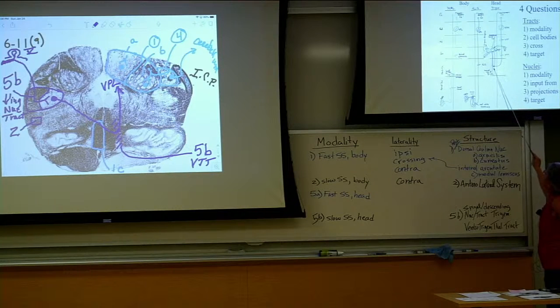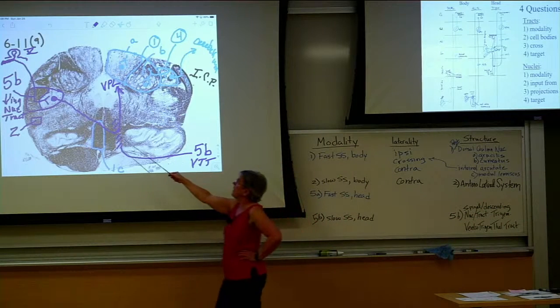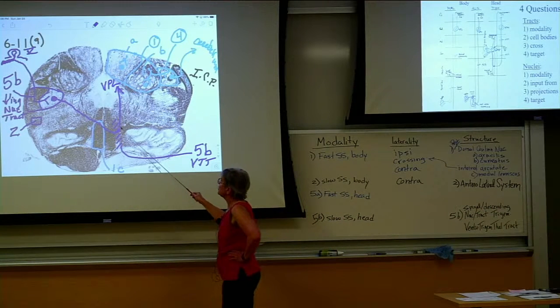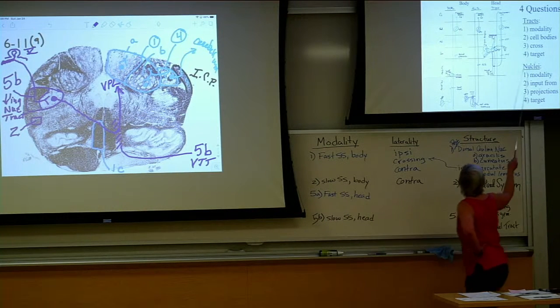They're in the contralateral spinal or descending nucleus of the trigeminal system. All right. Do these axons cross the midline? Absolutely, they do. And they cross right at the level of where your cell body is. That axon crosses the midline and then ascends in VTT.